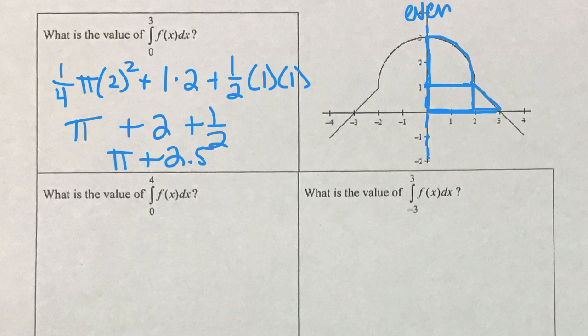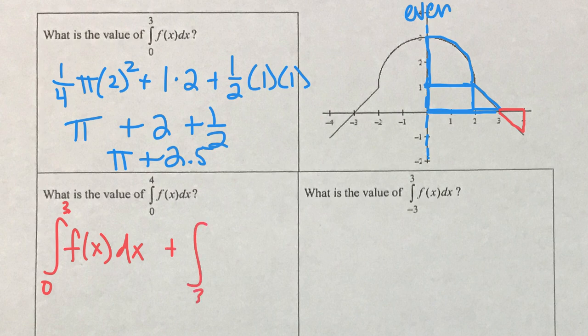So the second one says, what about from 0 to 4? Well, 0 to 4 is like we're adding on just one little piece over here, another extra triangle. So let's break this into the integral from 0 to 3 of our function, and then add in from 3 to 4. We're going to add in one extra piece than what we had before. There's no need to do all the work all over again because we already know the integral from 0 to 3 from up above is pi plus 2.5.